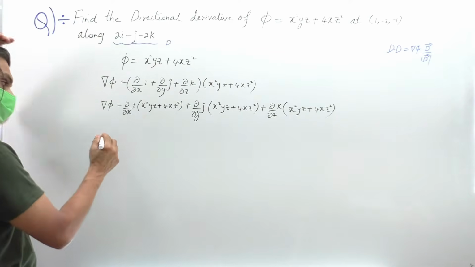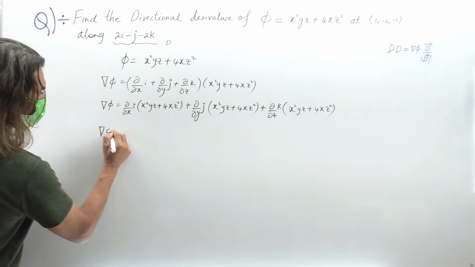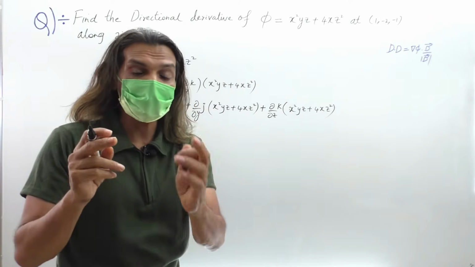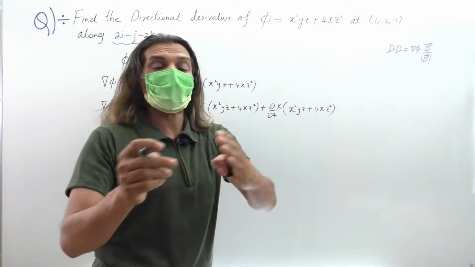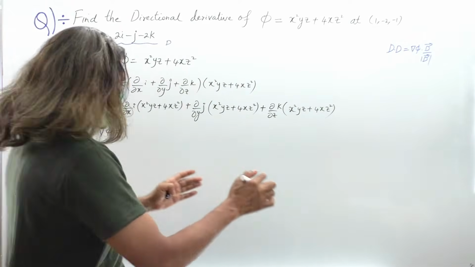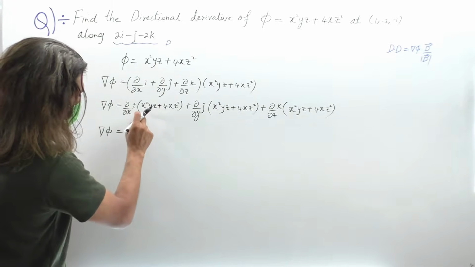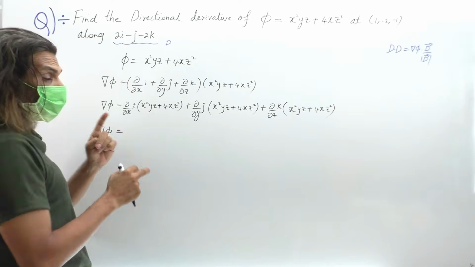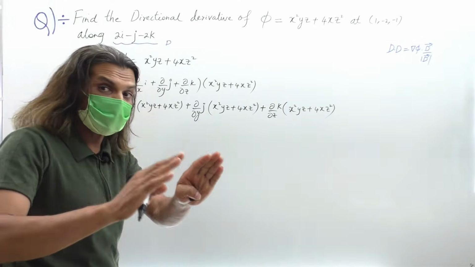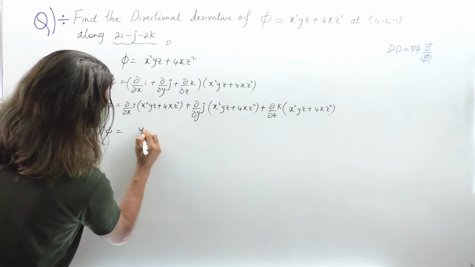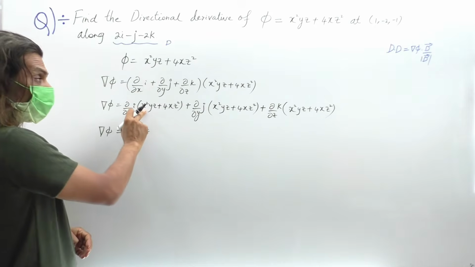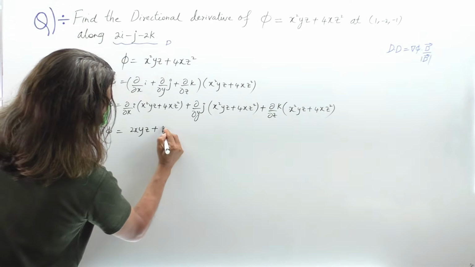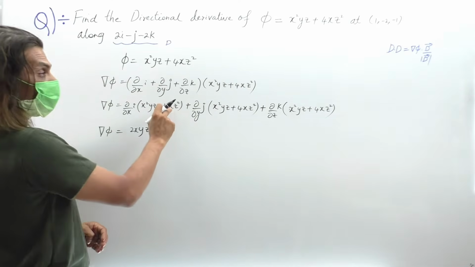See, del phi is equal to dou by dou x, means we are partially differentiating only with respect to x, keeping the other y and z constant. And since here it is multiplied, we have this as x square yz. Dou by dou x means we are partially differentiating only with respect to x, yz don't touch it, keep as it is. Differentiation of x square is 2x, again plus 4z square as it is.